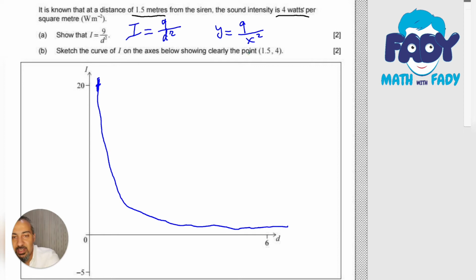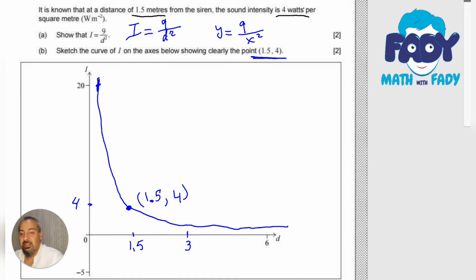And where is the point here? If this is 6, then in the middle here, this is 3. So 1.5 is approximately here. Here is the 1.5, and here is the 4.